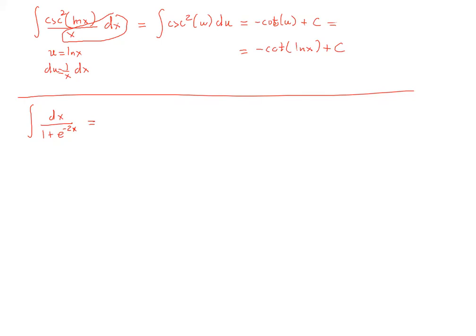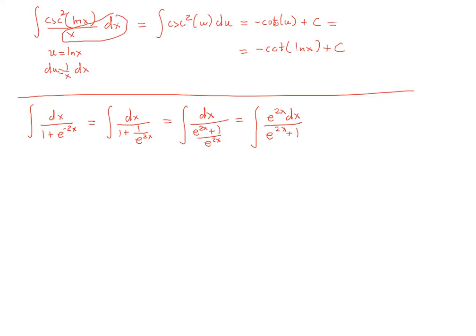So since you have a negative exponent, that will be 1 plus 1 over e to the 2x. And if you clear denominators, this will be dx over e to the 2x plus 1 over e to the 2x. And this will eventually be e to the 2x dx over e to the 2x plus 1.